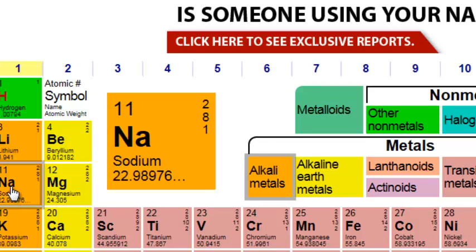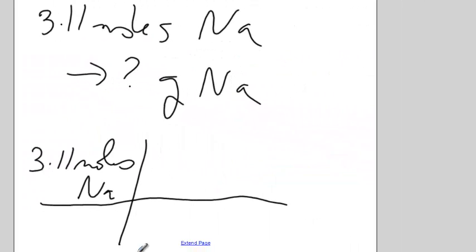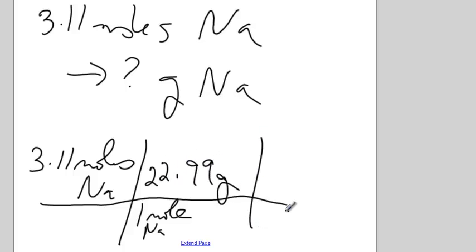So I go here to my sparkboard and I say for every 1 mole of sodium, there's 22.99 grams. Now, I can say 3.11 times 22.99, and that gives me 71.5 grams.